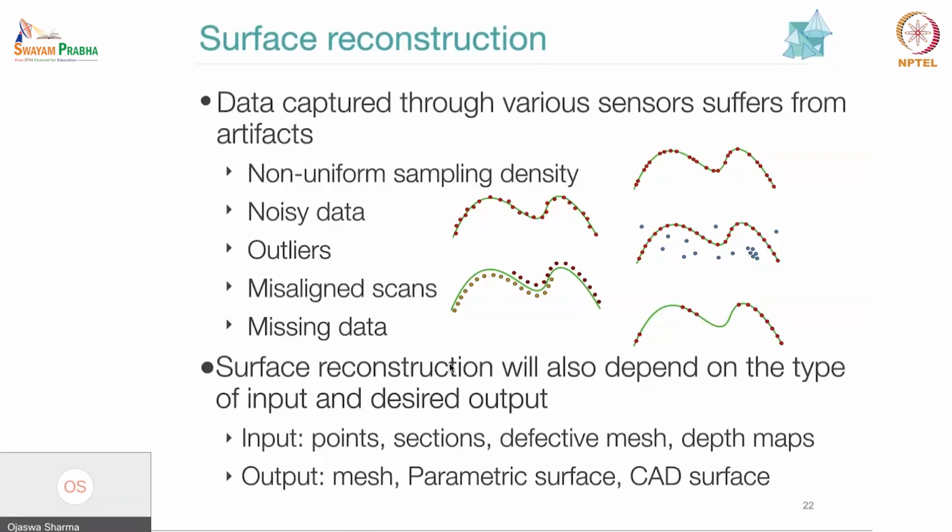So this overarching problem of surface reconstruction tries to solve some of these problems. And surface reconstruction has come a long way. Today we are also looking at deep learning based surface reconstruction, because certain shapes should look a certain way.